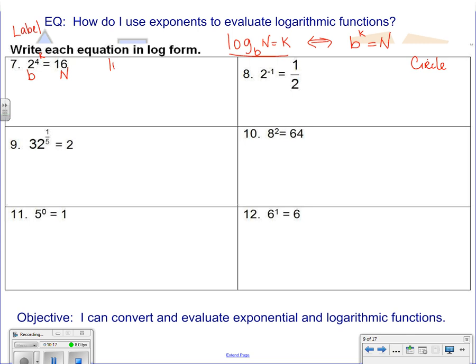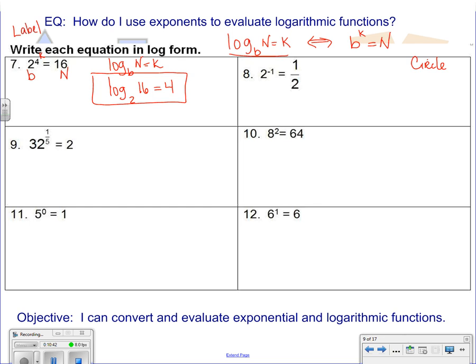So I'm going to put it in log base B of the number N equals K. So we get log base 2 is my base, N is 16, and K is 4. I've taken the exponent and written it in log form.